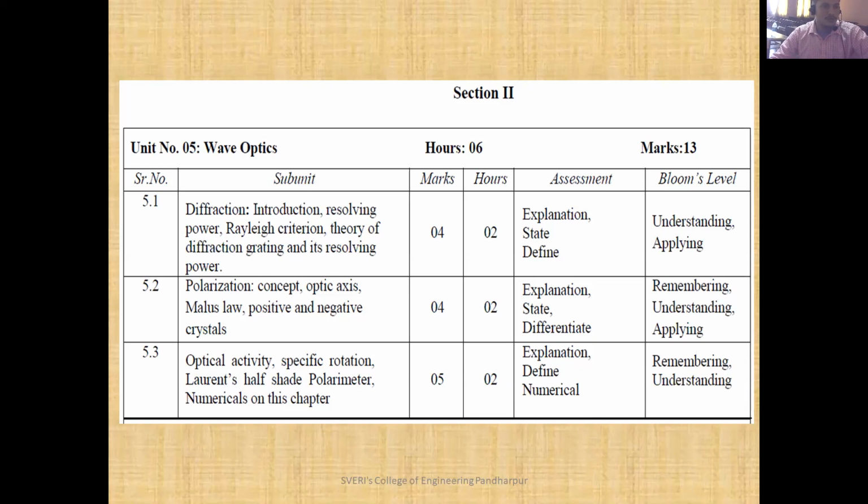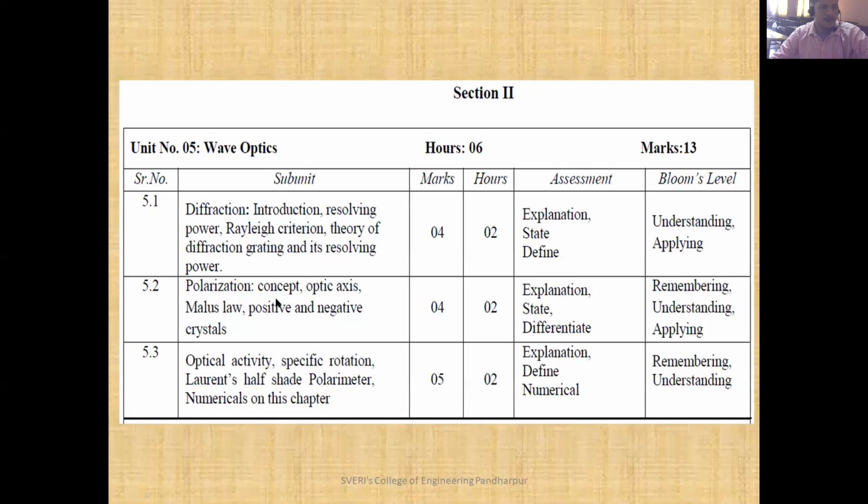Okay, so continue. So I am dictating, you continue with your speed. Of course, you maintain your speed with other students. After first part, go for next line, give heading polarization.